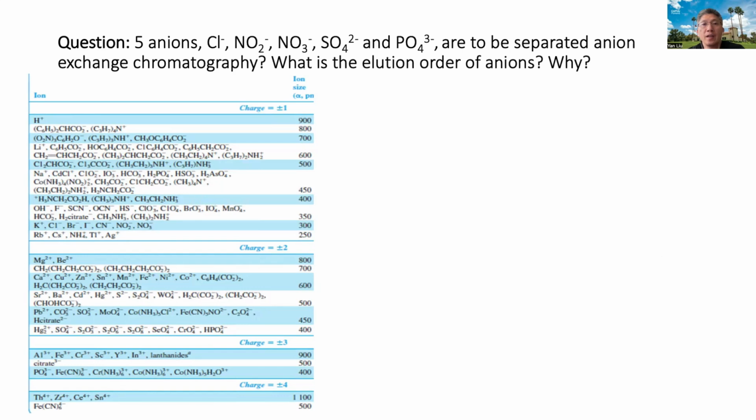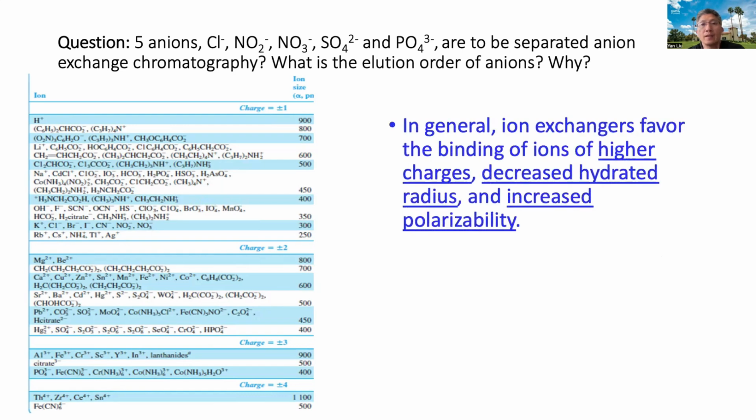Polarizability indicates how likely the electron cloud changes under the influence of the external environment, such as a field. The separation order is primarily determined by the charge, then the size. The last one to consider is the polarizability.